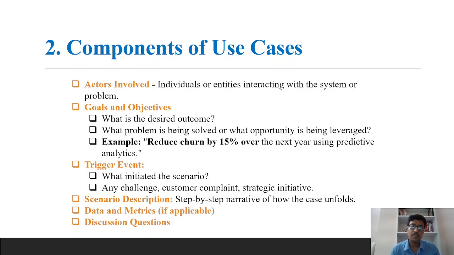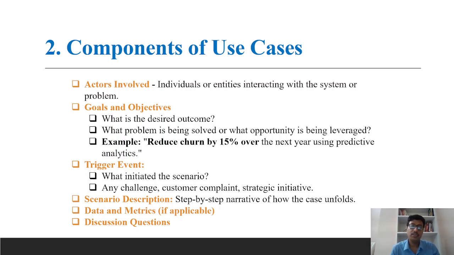So why am I discussing this, what is the triggering point? The triggering point is what we call digital disruption nowadays, and digital addiction also in society. As an educator, you have to describe the scenario one by one, and since this is a literature topic, we don't consider many data and metrics, but if you would like to develop use cases for sales, it could be the sales data.